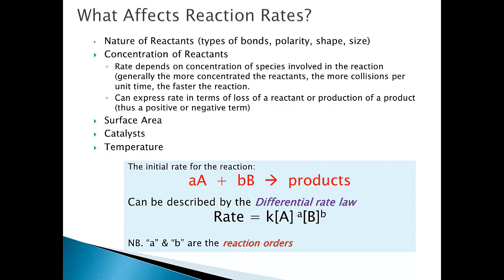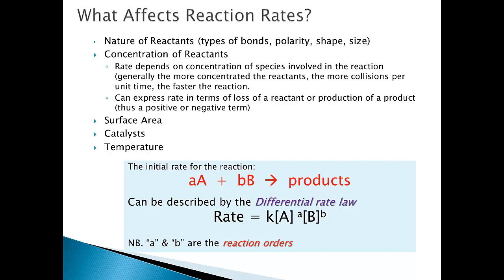Let's have a look at how we can describe the initial rate of a reaction. Okay, if we take a simple reaction where we've got a A plus b B gives us products. Now, the small a and the small b, these are coefficients. It might be a little while since we've looked at coefficients, but remember that coefficients are these numbers out the front that tell us how many moles or mole equivalents we need of A and B in our reaction.